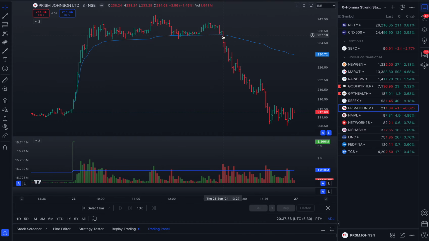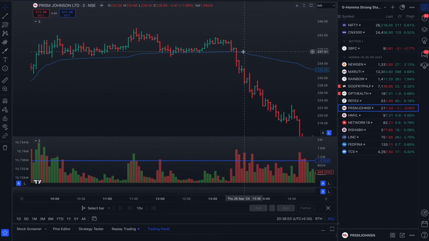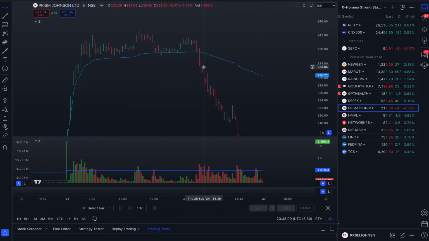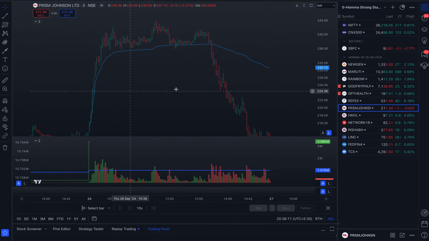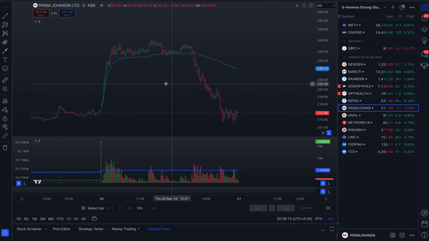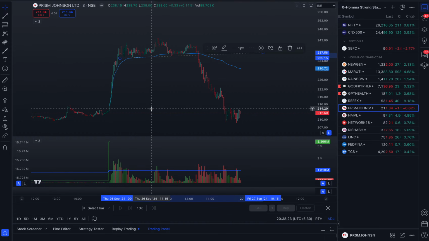but that bounce did not materialize, and we had a breakdown here, and this was a clear breakdown. From the price candle, you just clearly see that this is a breakdown with very high volumes. So there was no point still holding PRSM Johnson after this candle, and this also already looked like an inverse head and shoulder, and this is where knowledge of patterns also comes into play.